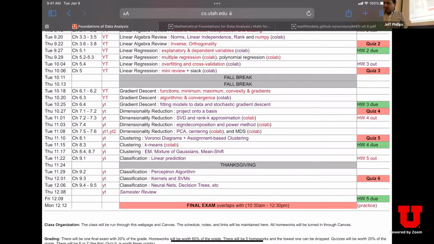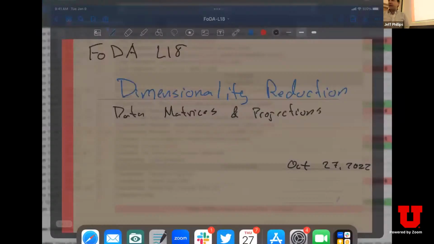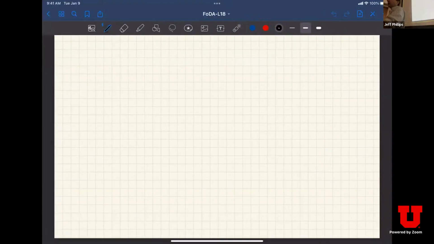Okay, so I wanted to start by saying a few things about coming back to gradient descent on data. I want to give another, simpler picture of what's going on, just to make sure this concept is clear.